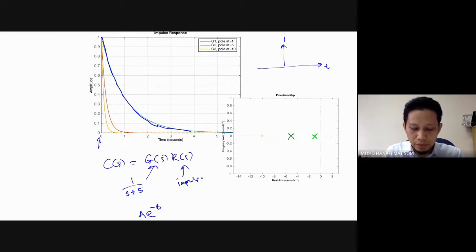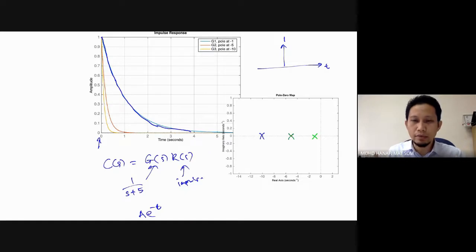So the red line here, you can see the rate of decay, the rate of change of the amplitude becomes faster as compared to the system 1 over S plus 1. And if we have another pole at negative 10 over here, the rate of decay becomes much faster as compared to the previous pole at negative 5.